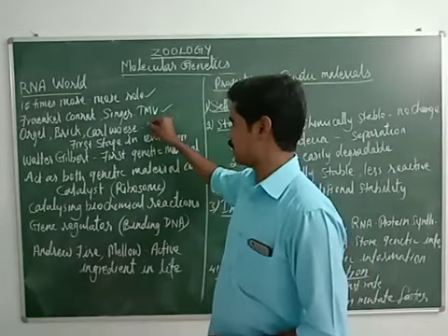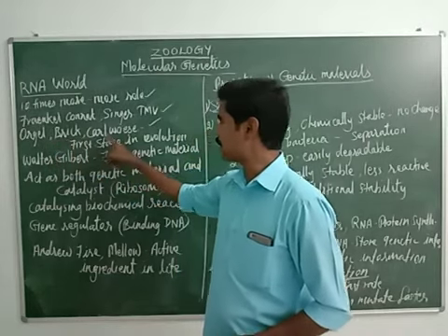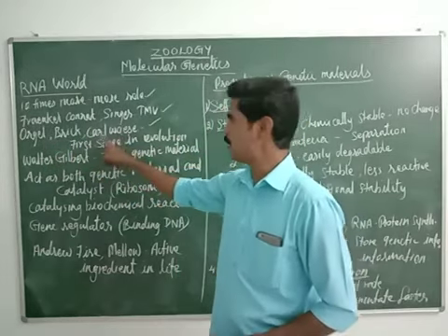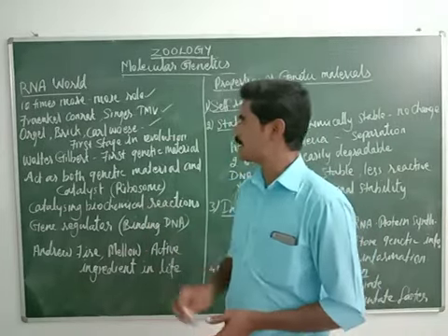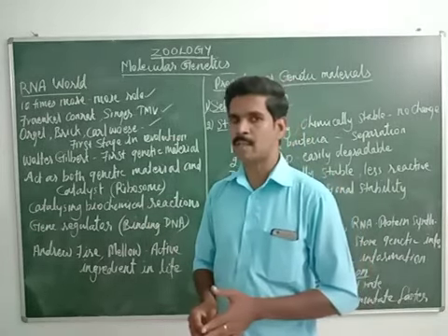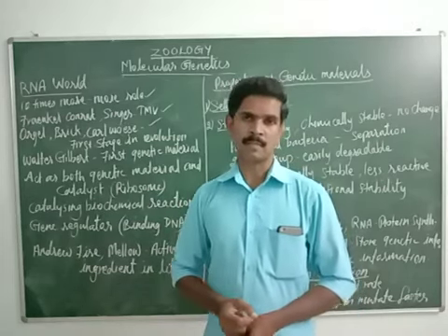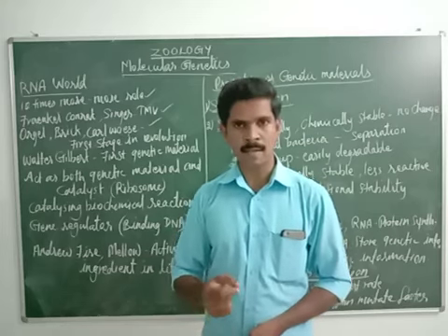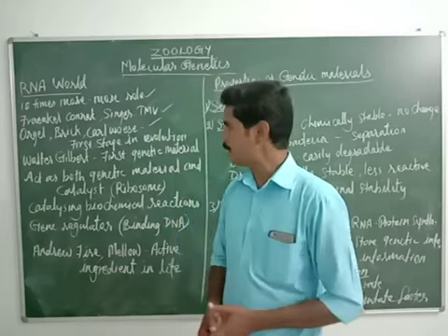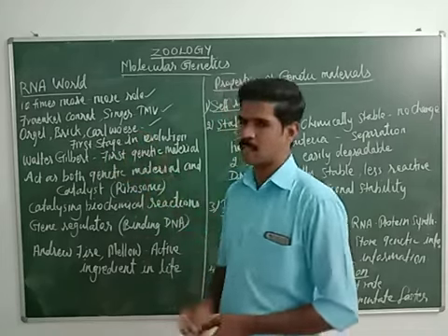The third point: three scientists, Walter, Brick and Carl Woese. These three scientists first used the words RNA world, and they said this RNA is the first stage in evolution.